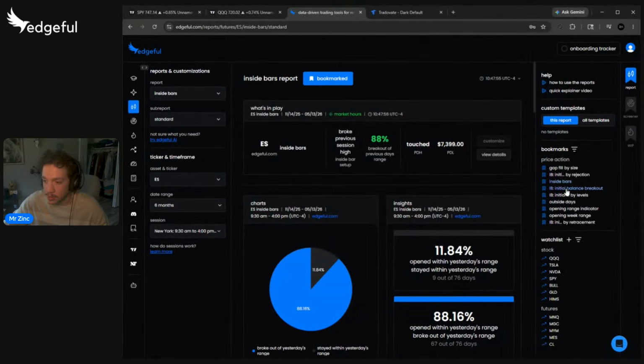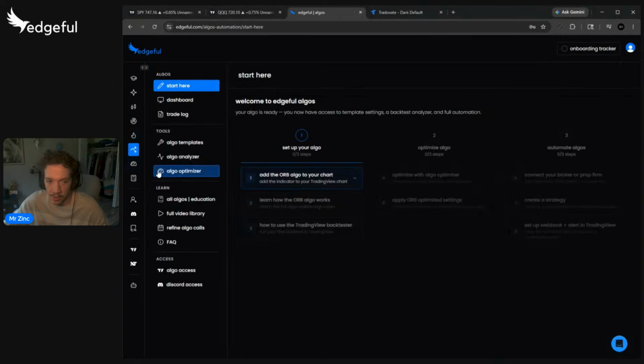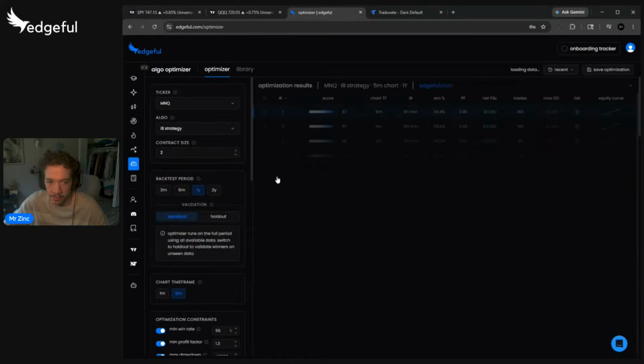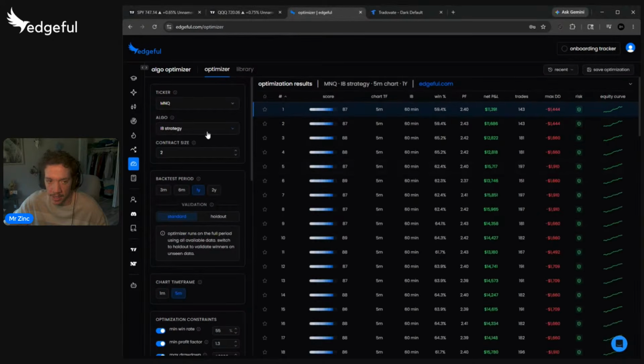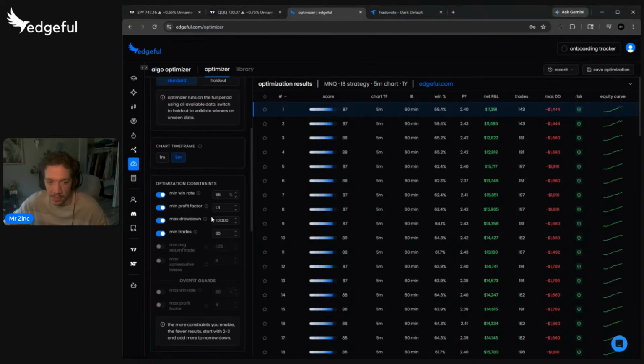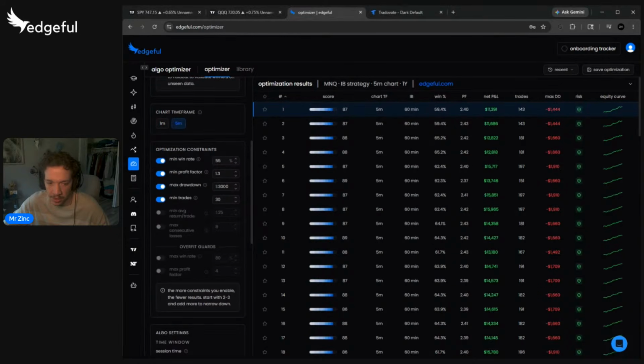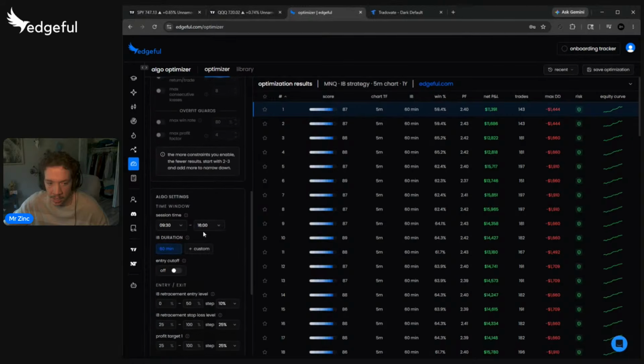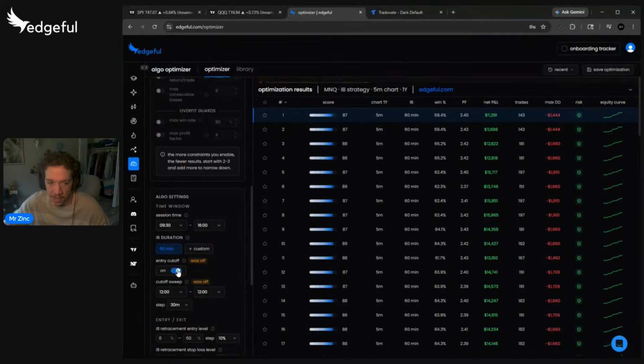What we can do is we can go and validate this on the algo optimizer again. So we can go and analyze the IB strategy. We don't need to have a break-even stop. Time frame 5 minute. Minimum profit factor, we'll look for 1.3. Minimum trades, we'll look for 30. IB duration, 60 minutes.